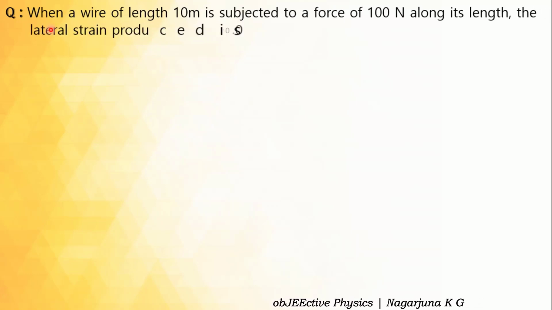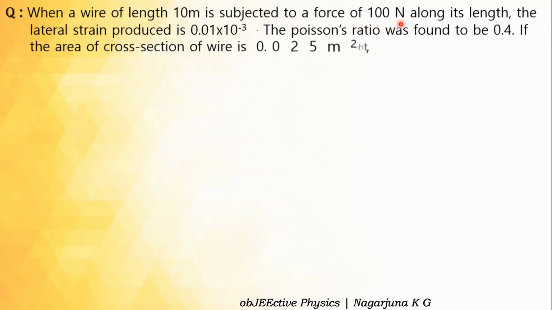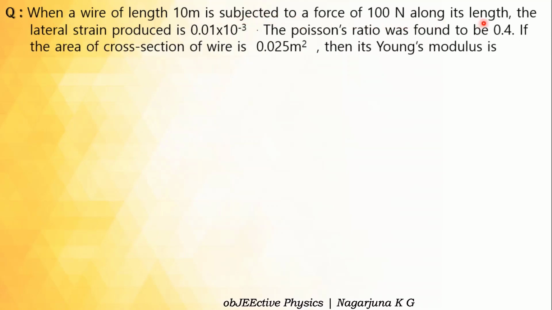Next question. When a wire of length 10 meter is subjected to a force of 100 Newton along its length, the lateral strain produced is 0.01 into 10 power minus 3. The Poisson's ratio was found to be 0.4.